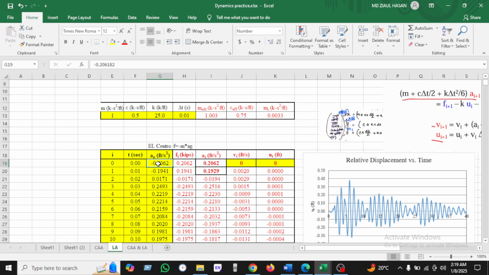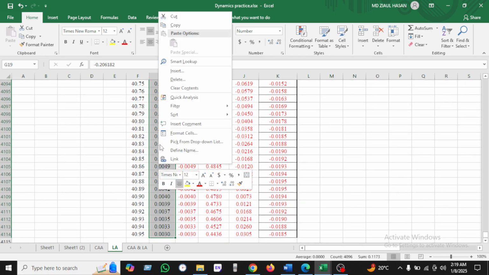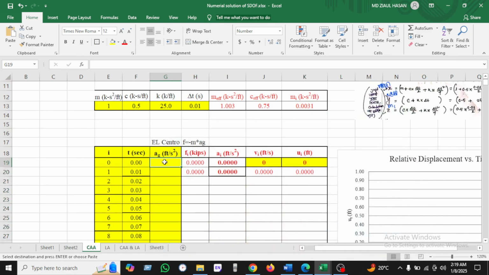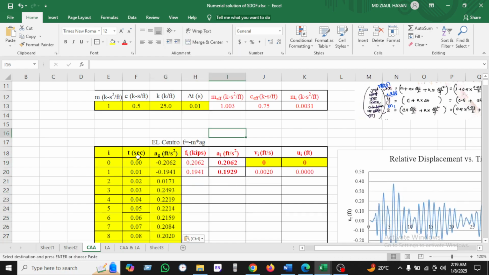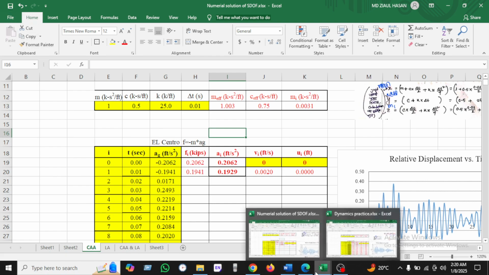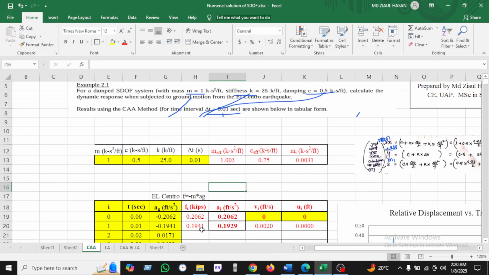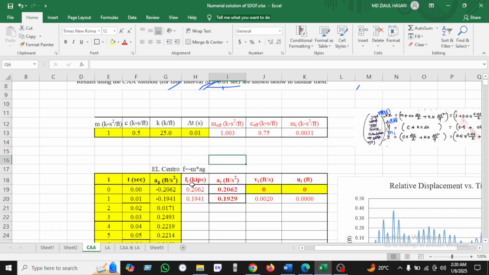That's why I'm copying another ground motion, which I had taken previously. So I'm inserting this. This is the El Centro ground motion I had taken when I downloaded it. Okay, this is the El Centro ground motion.